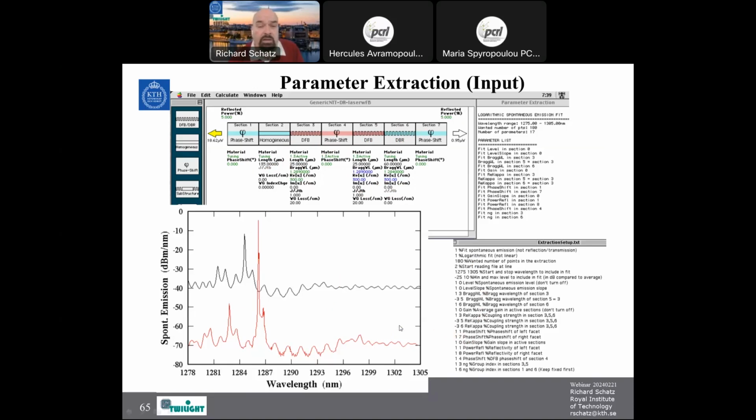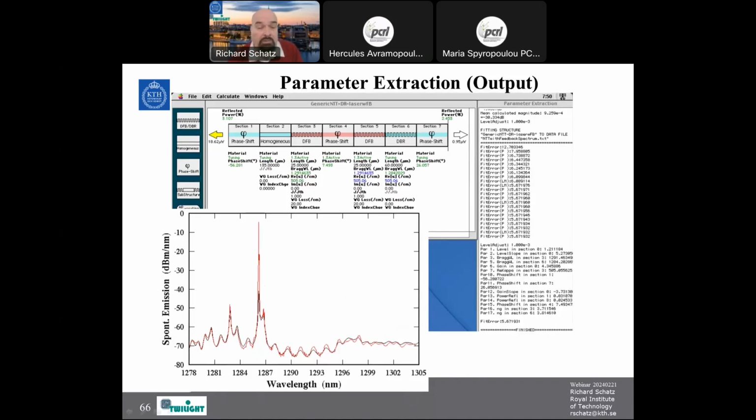And then it's possible to get almost exactly the same agreement as you see here. The red curve is the calculated spectrum, and the black curve is the spectrum they published. And then I could extract all parameters.